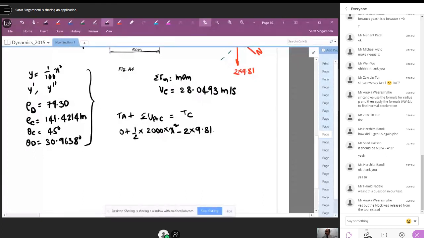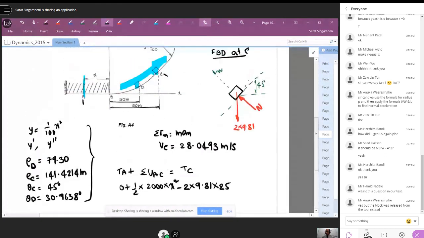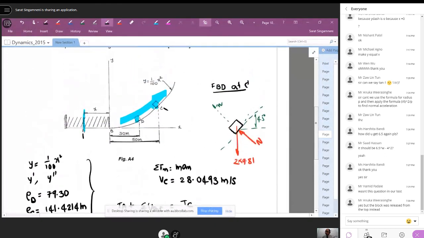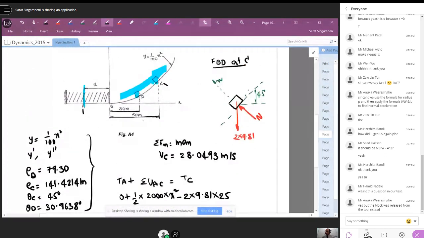9.81 times 25. How did I get this 25? Because at x equal to 50, what is y? You can use that equation. Yc is equal to 1 over 100 times x equal to 50 square.